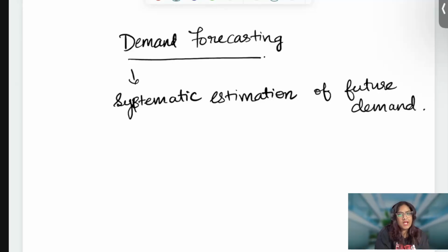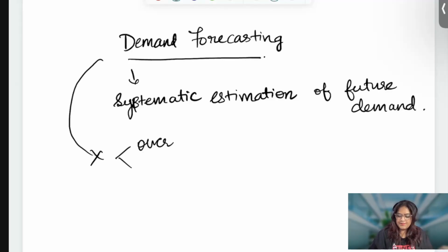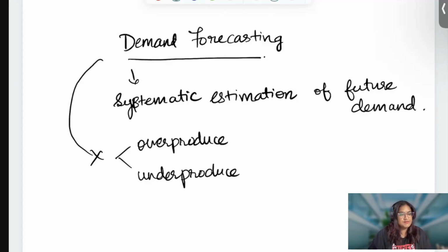Without forecasting, what will happen? You may overproduce or you may underproduce. When you overproduce, you will have a lot of losses because there is not as much demand for the products as the supply. But when you underproduce, the demand is more, but you don't have enough products to meet that demand, so you will be losing customers.